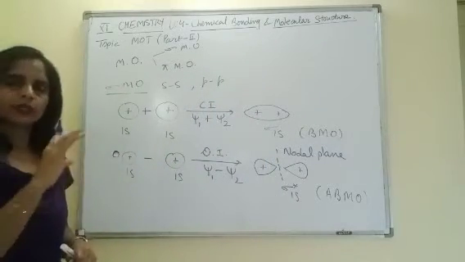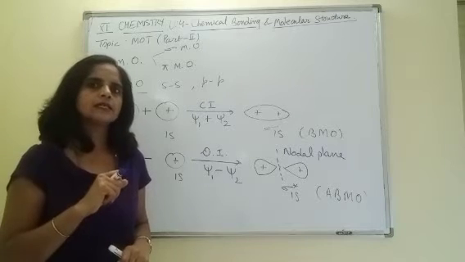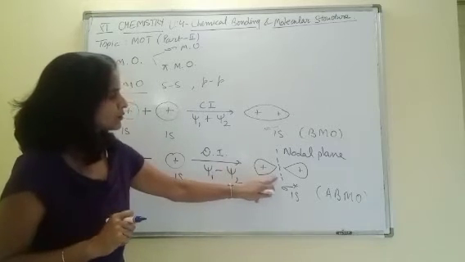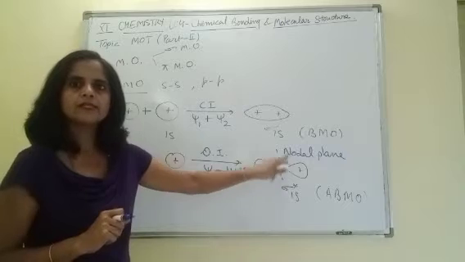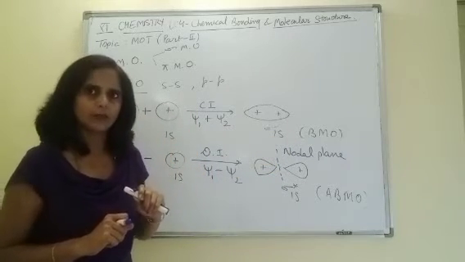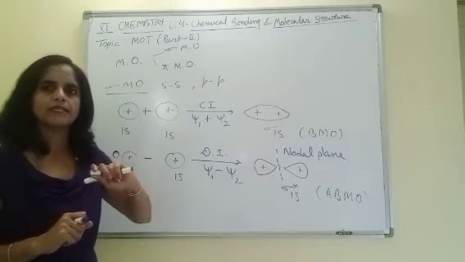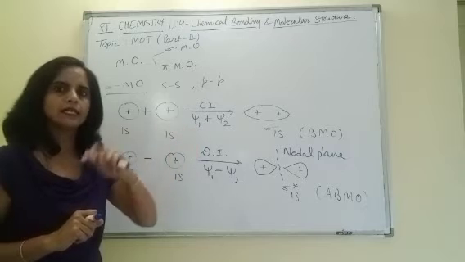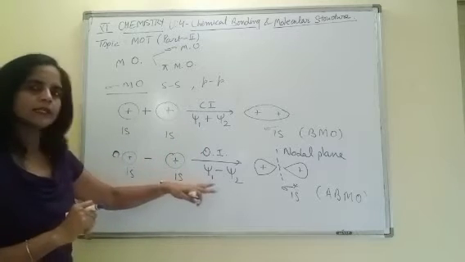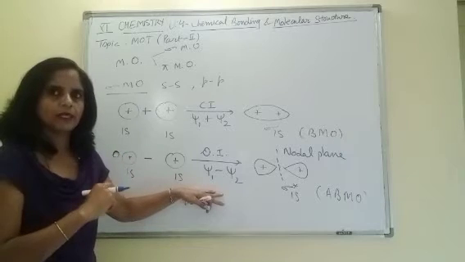Nodal plane is the space where the probability of finding an electron is 0. So we can say here we find only one nodal plane. In this way, you can easily check how many nodal planes are present in a particular case. So, got it? Formation of a sigma bond with the help of s orbitals.